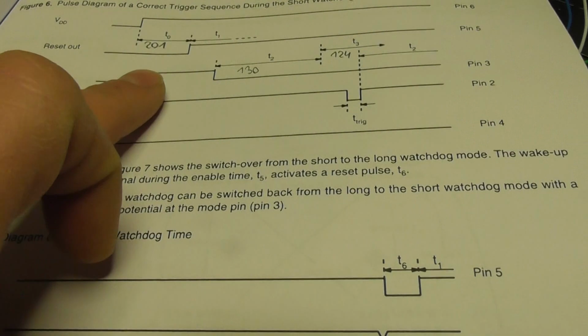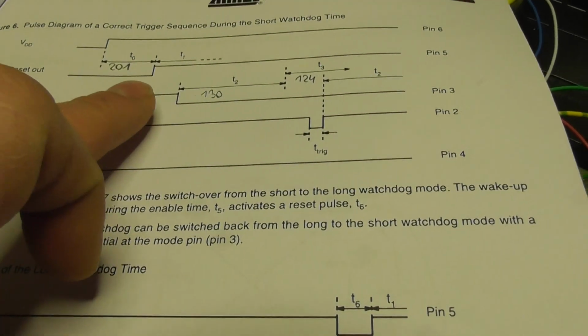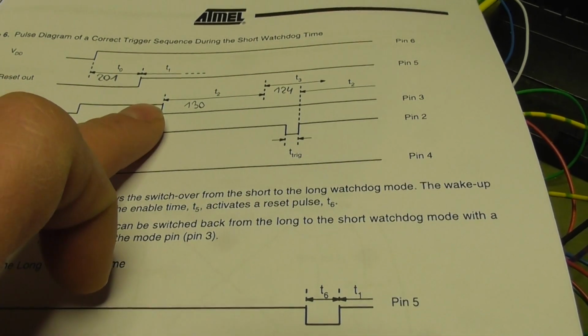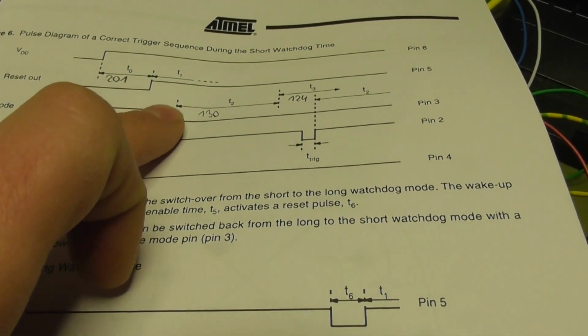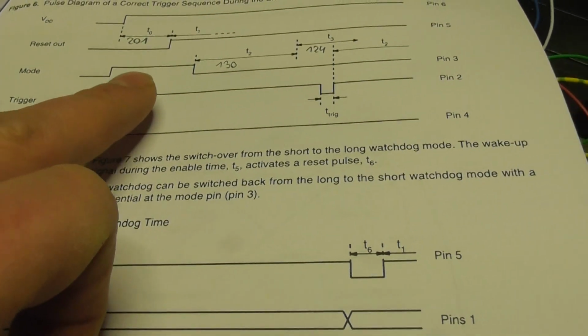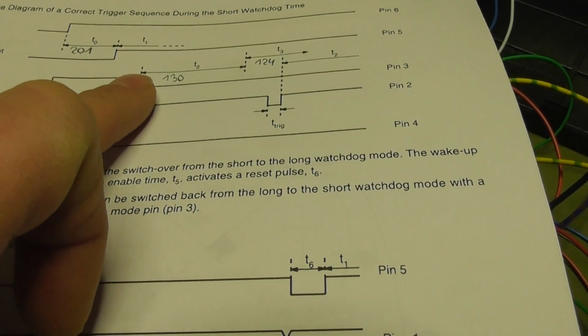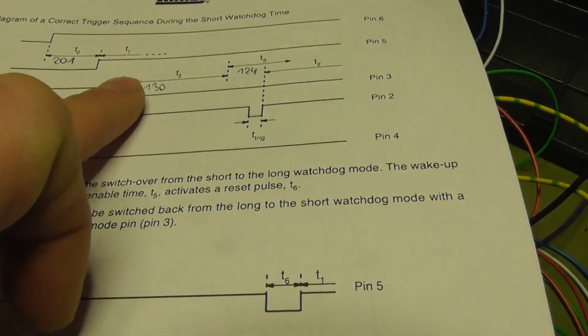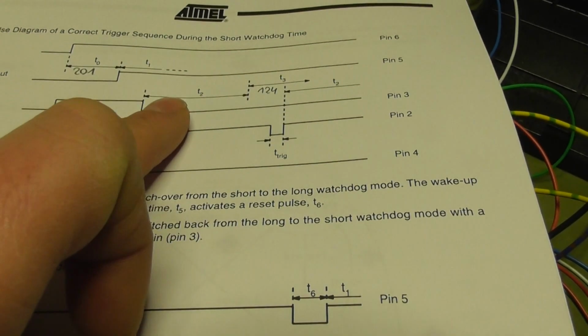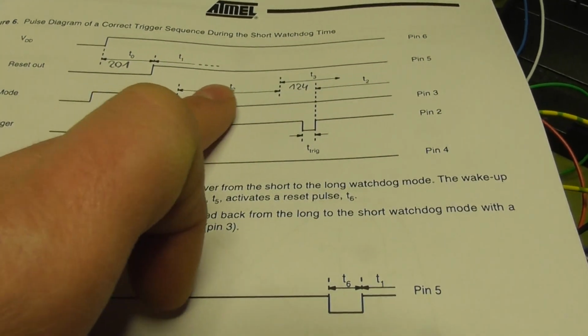Within T1 the mode output from the Motorola must go high. It must go low. When the mode output is low, the watchdog waits for a trigger. So then starts T2. T2 is the dead time. In this time no trigger is allowed.